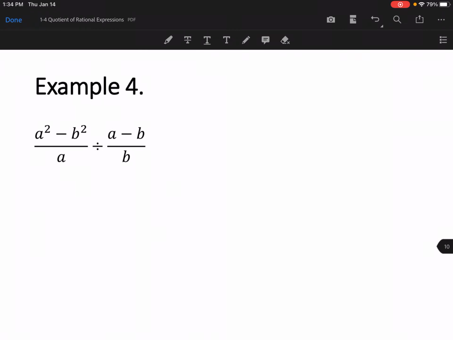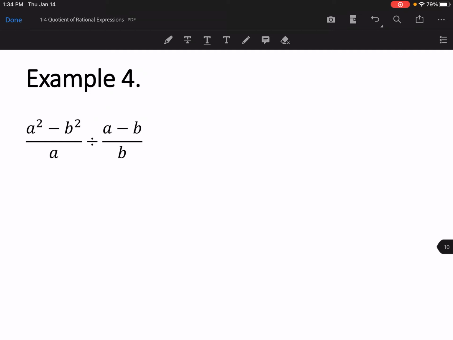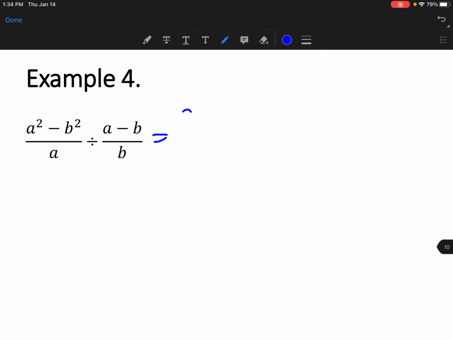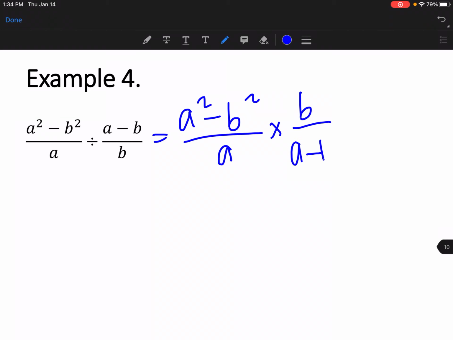Alright, example 4. This time I have a squared minus b squared all over a, divided by a minus b all over b. So again, we're going to keep, change, and flip. So that's the first step. I'm going to need to keep a squared minus b squared all over a, times b over a minus b.